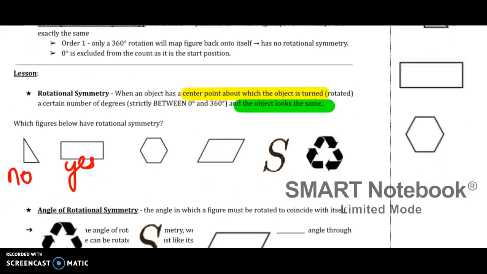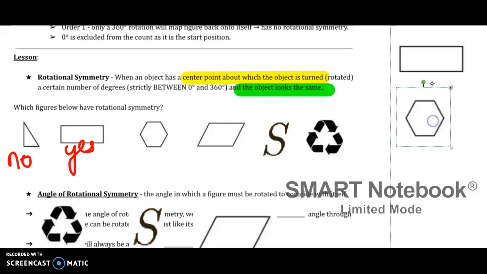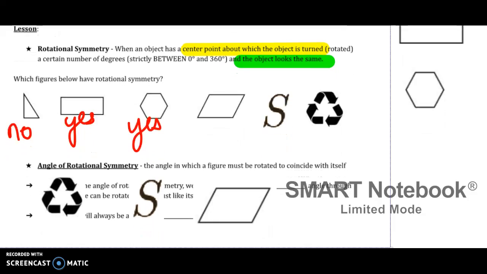Let's take a look at the hexagon. It looks like this, and it looks like that again, and if I'm rotating, it looks like that again. So there are some angle measures between 0 and 360 degrees that make that hexagon look exactly as it did at the start. So yes, it does have rotational symmetry.